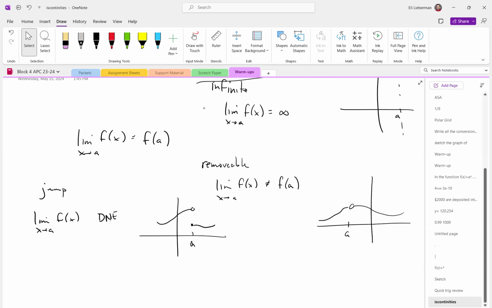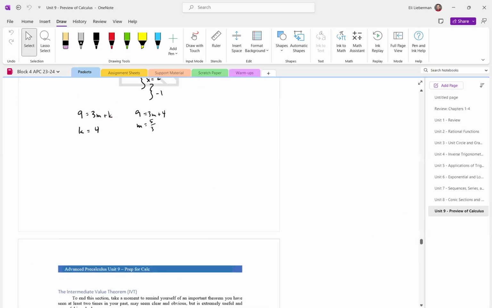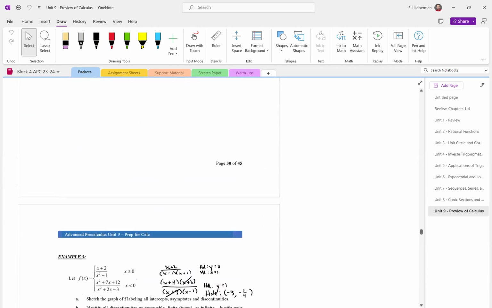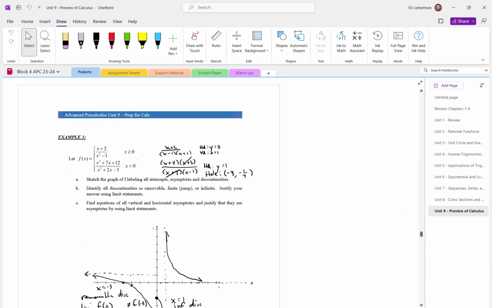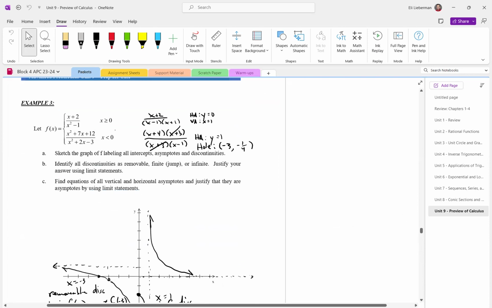Okay, so back to the packet. When we did this one, if I'm just dealing with the discontinuity at x equals 0, does that make sense that I'm checking 0 for discontinuity?